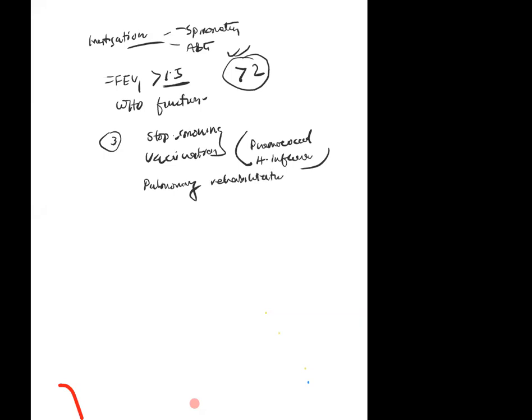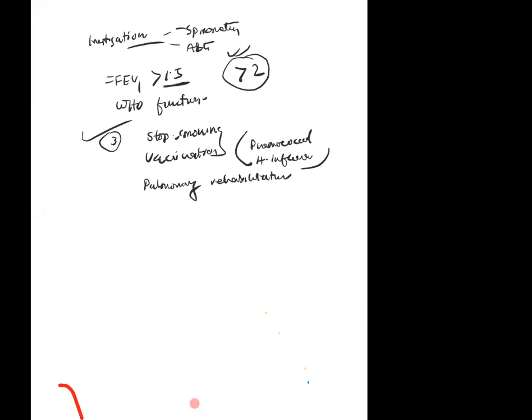So I will say that I will do non-pharmacological management at first. That means patient education, counseling, explanation of the disease, formation of the multidisciplinary team, and stop smoking, vaccination, and pulmonary rehabilitation. So these are the management.